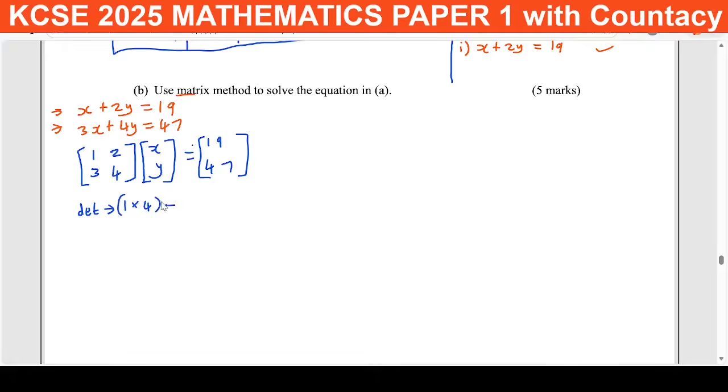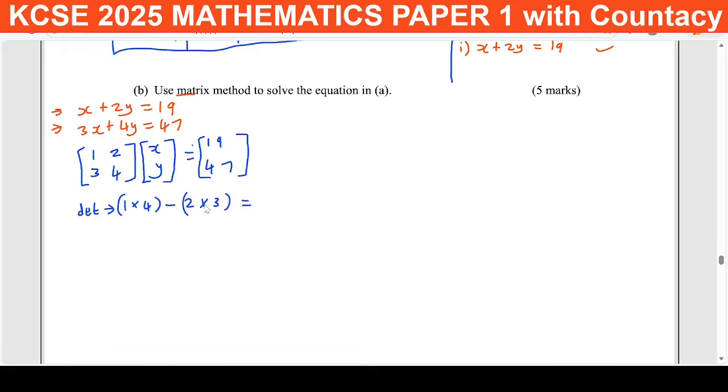So if this is 1, we take 4, and we multiply by 4 like that. But this is what we call the main diagonal. So we take the product of the main diagonal. The main diagonal is identified by this first element, that is 1 multiplied by 4, and then we minus the product of the remaining diagonal, which is now the secondary diagonal. For this case, it is now 2 times 3. We have it there.